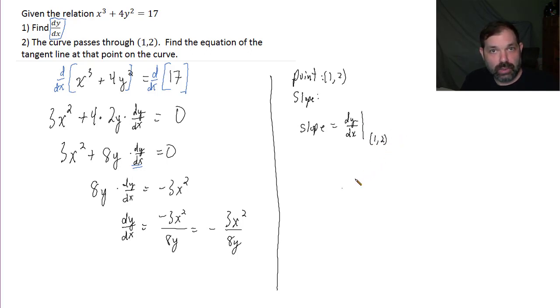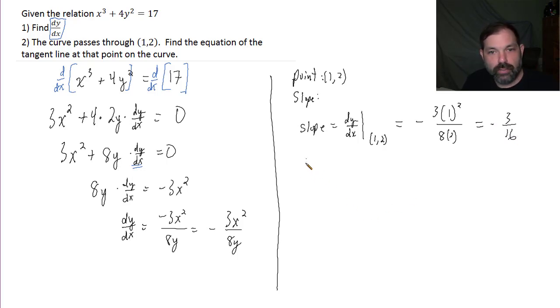Right? The dy dx is in terms of both x and y, so we're going to need to use both x and y. So then dy dx evaluated at 1, 2 would be negative 3 by 1 squared over 8 by 2, which is negative 3/16.